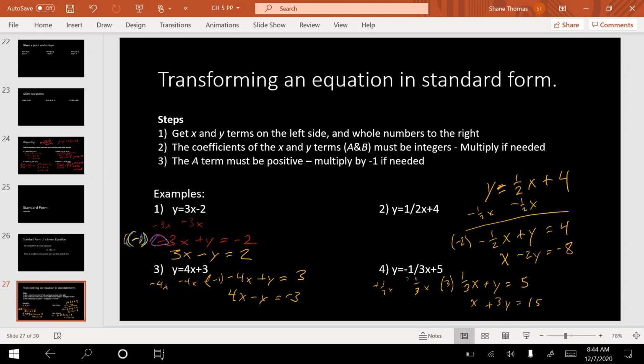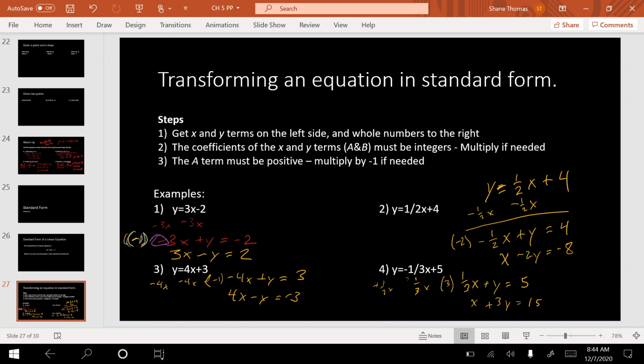No. It would be a form of it, but it's not simplified. So you only need to multiply by a number if you have a fraction, and you multiply by a negative number if it is a negative.